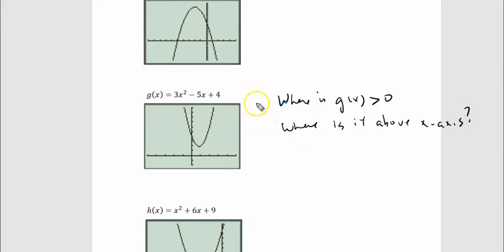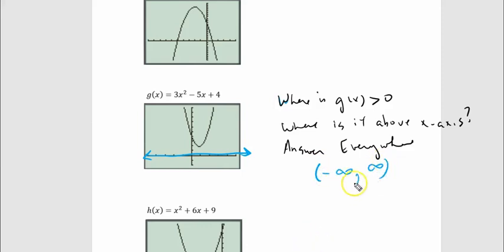And we can see here it's above the x-axis everywhere. So if I'm going to write that in terms of x values, whenever my x values are between -infinity and +infinity, it will give you a point on the graph that's above. So in interval form, it would be that.